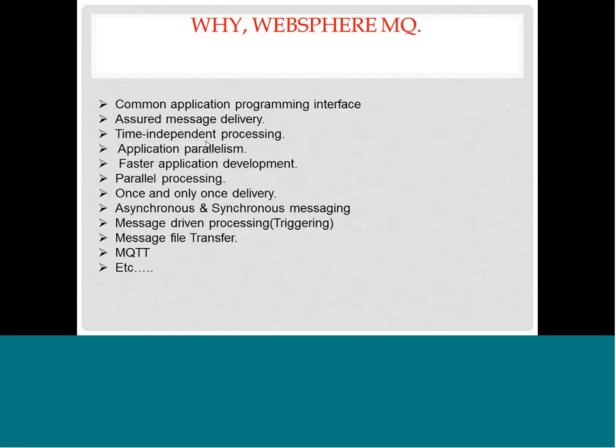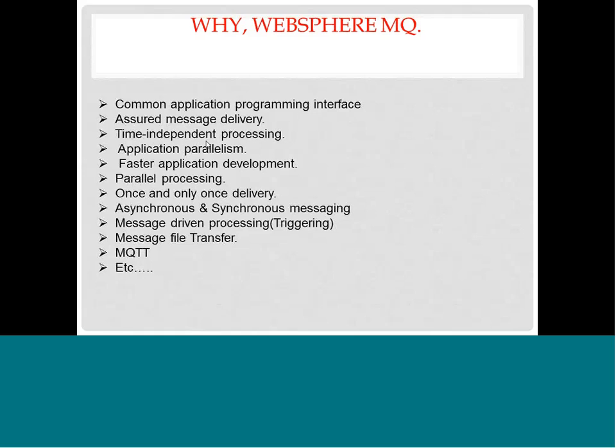The next one is, MQ is providing asynchronous and synchronous messaging support. Asynchronous is when A is sending a message to B application, B application need not wait for the A request. It means A and B are both not in sync status, both not in available status, right? Even though they are not available, the request will be delivered and sit in the queue.